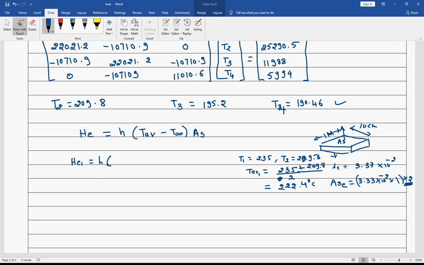Therefore, that will be equal to 222.4 minus T ambient, which is 20 degrees Celsius. Okay, so this area I can write as 6.66 into 10 to the power minus 2. Okay, so H is 9.